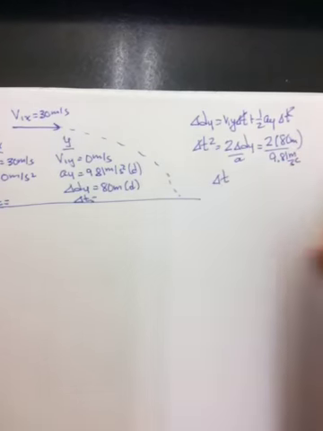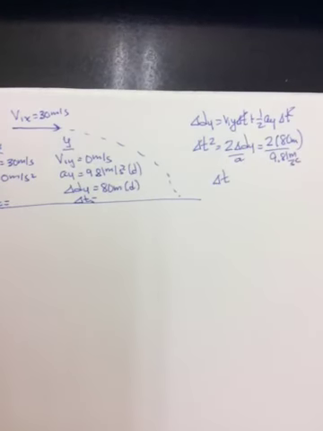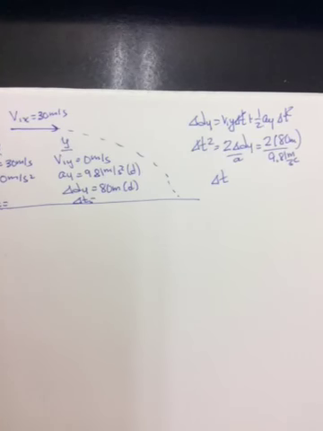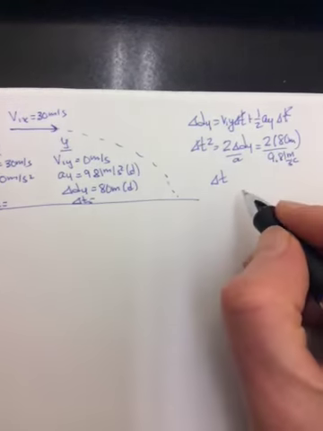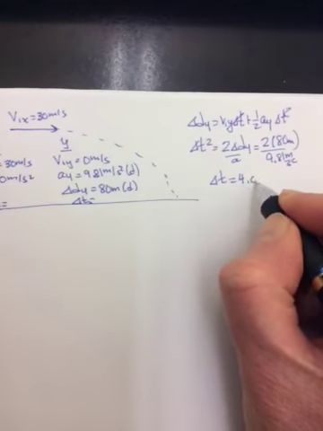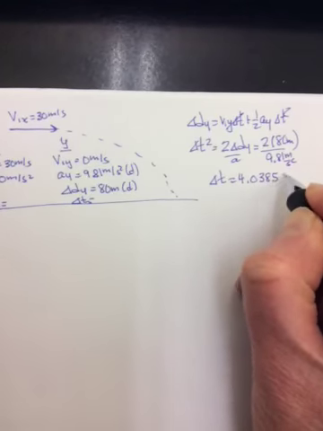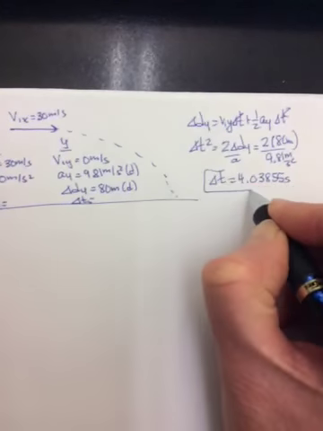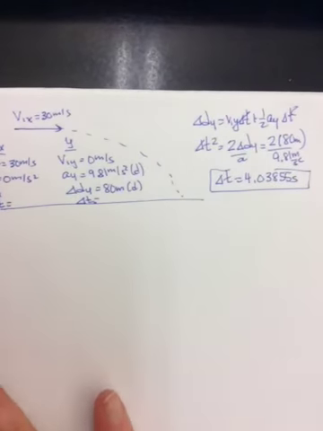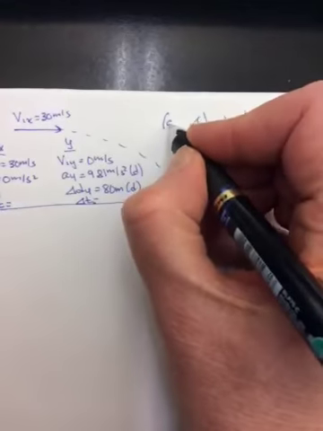Because everything's going down, we do not actually have to put in our negatives. Okay, so don't forget to take the square root. You should get 4.03855 seconds.